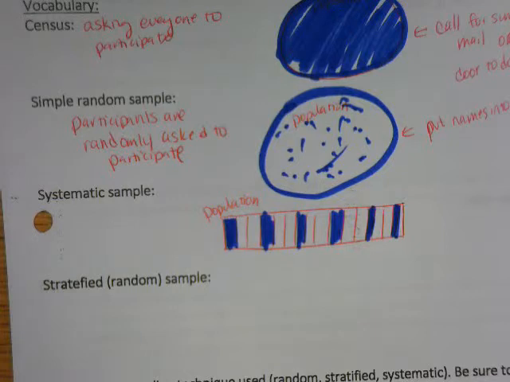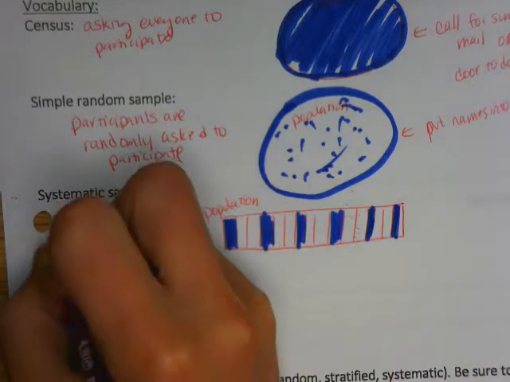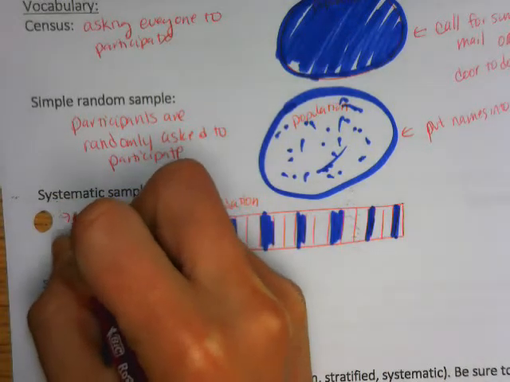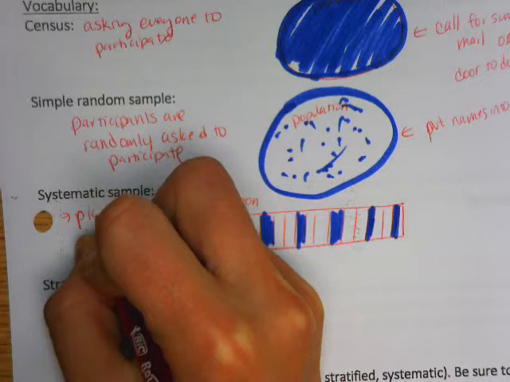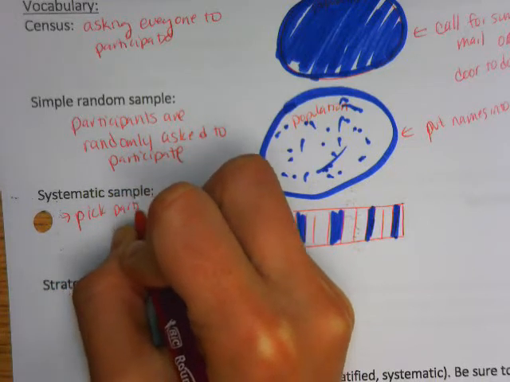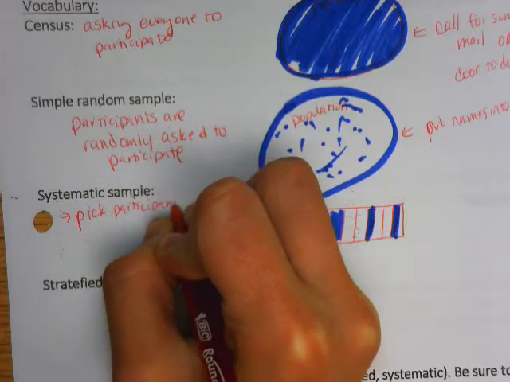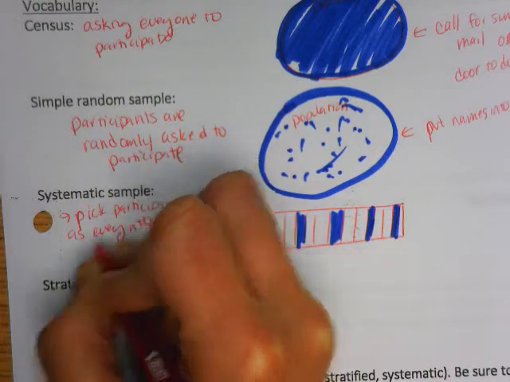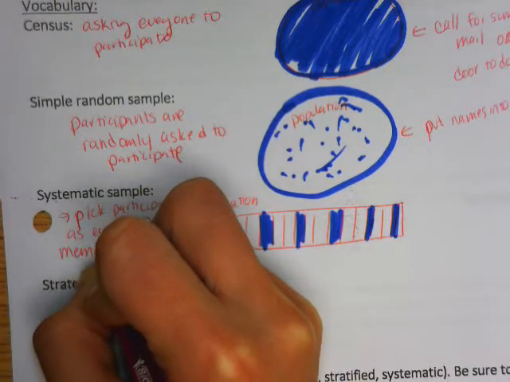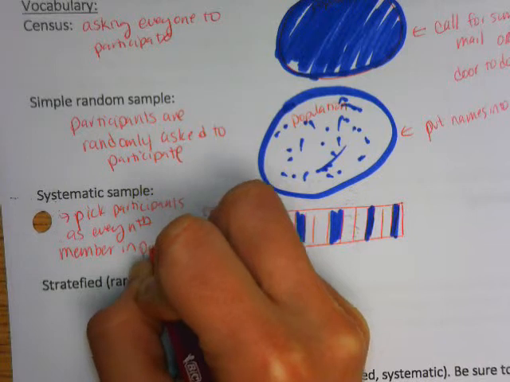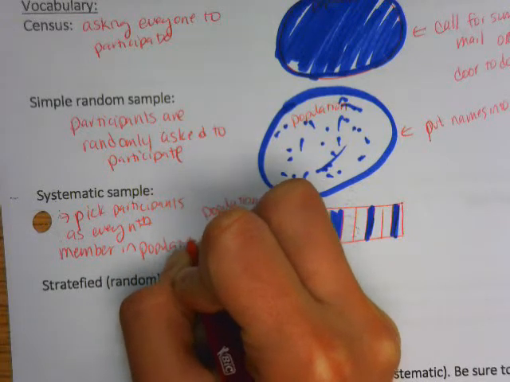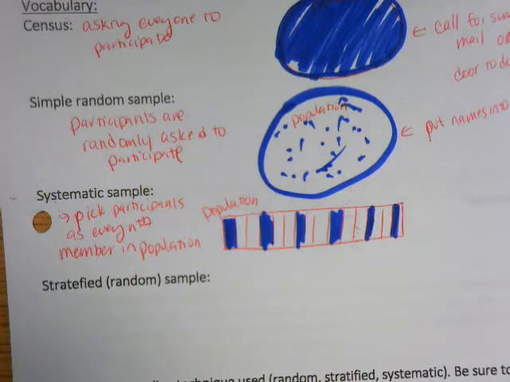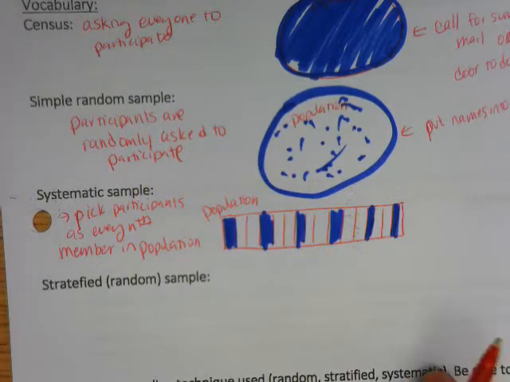So for this one, we're picking every third person, for example. So for this one, you would pick participants as every nth member in population. So for this one, I'm picking every third member. It could be every third member, every fourth member, etc.